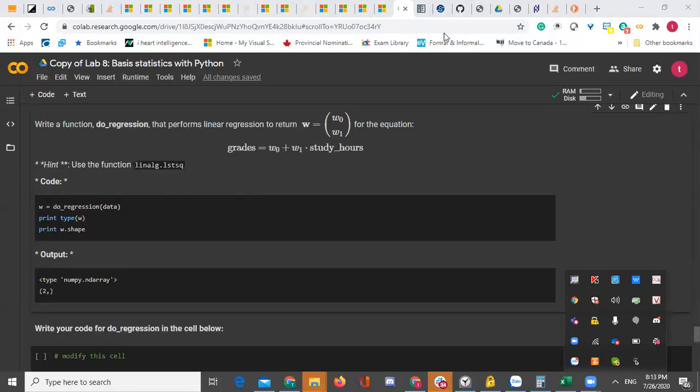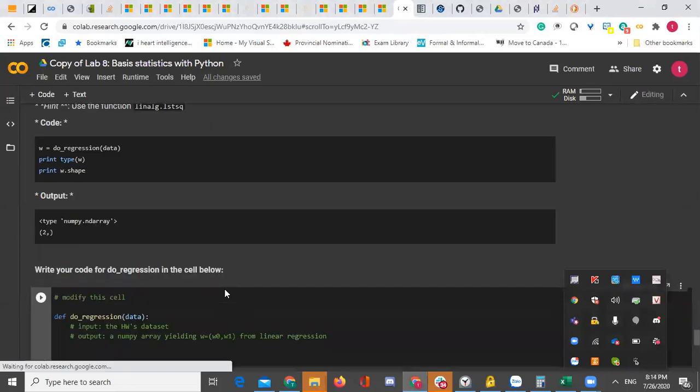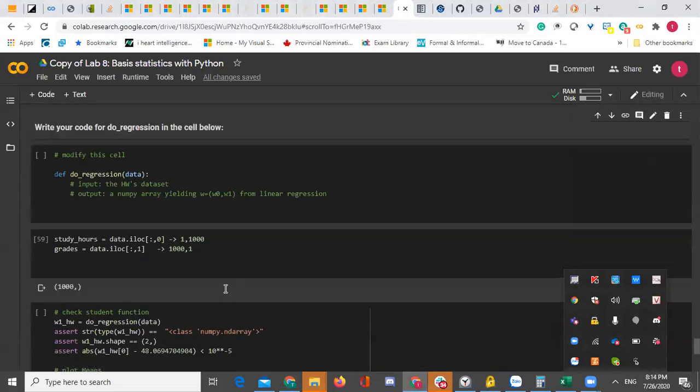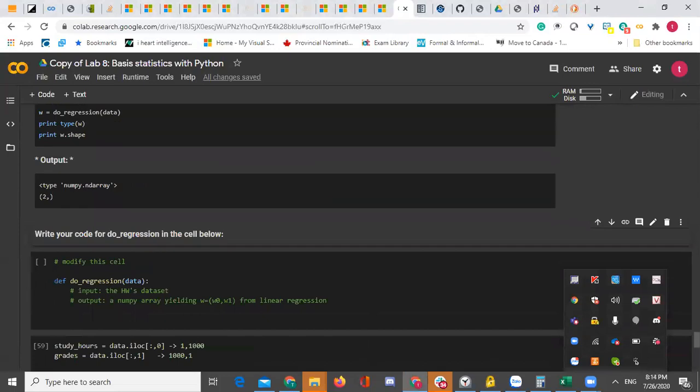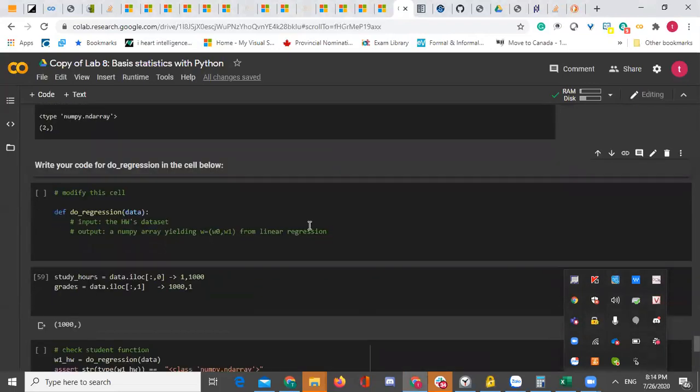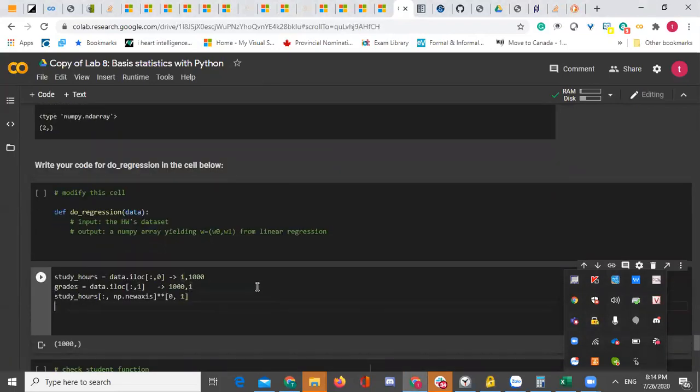To provide the data to the function. Okay, provide data to the function and it will... Oh, okay, that's easy then. I've sent you a chat. So let's see, study hours.